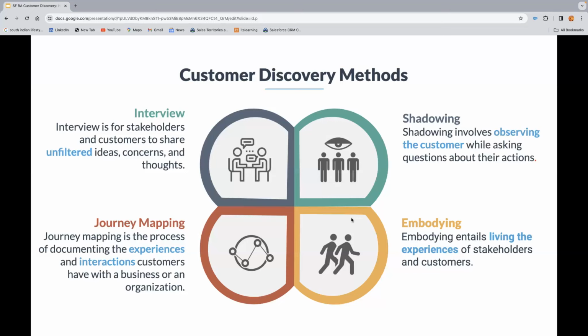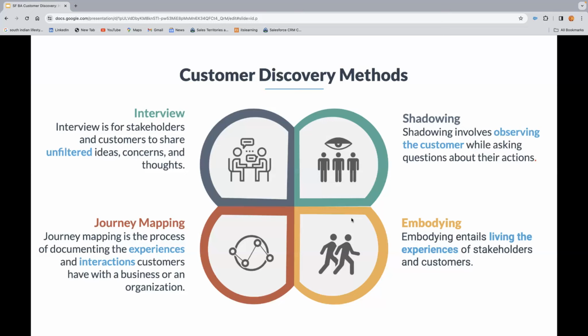The different methods to discover how customers use Salesforce are discussed in this section. This module also introduces the concept of journey mapping, a tool that is used to visually map the interactions and experiences that customers have with the company or organization.